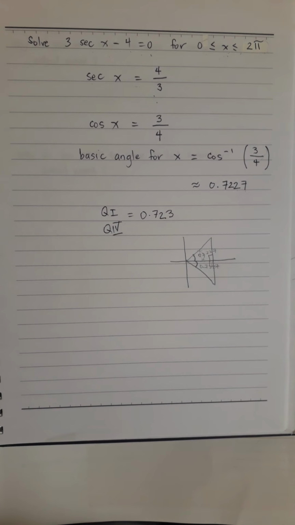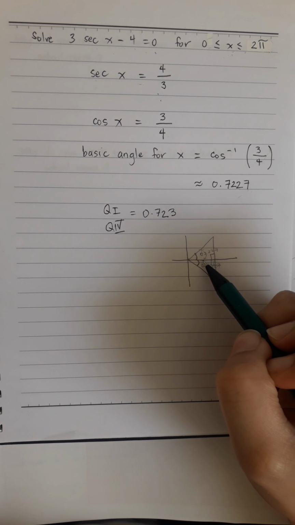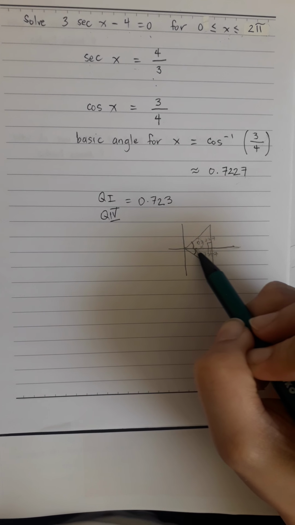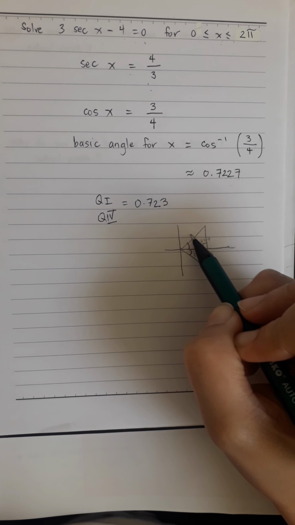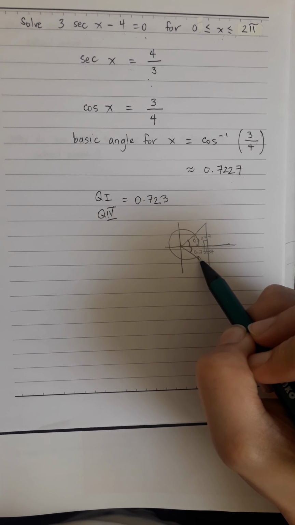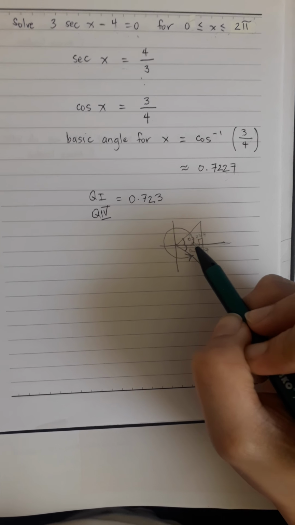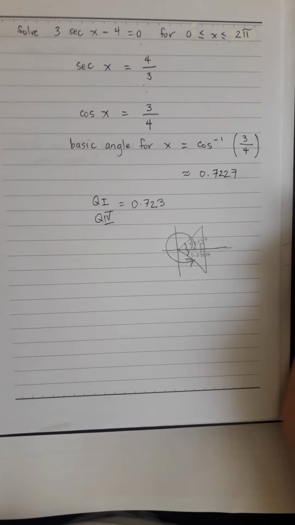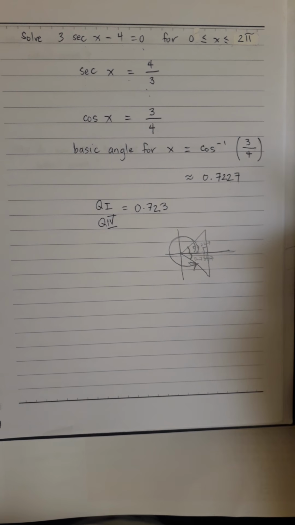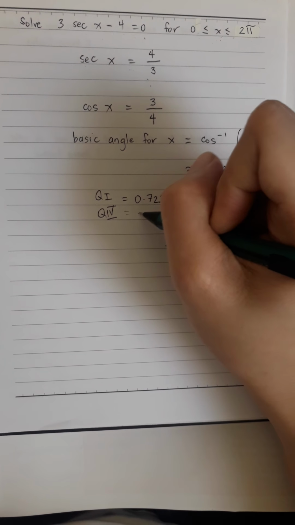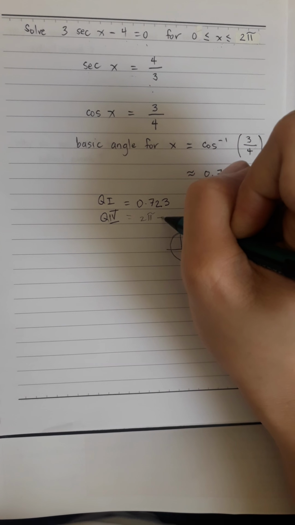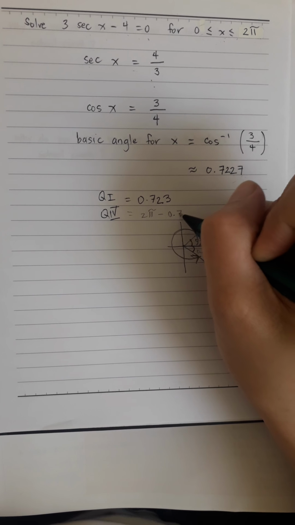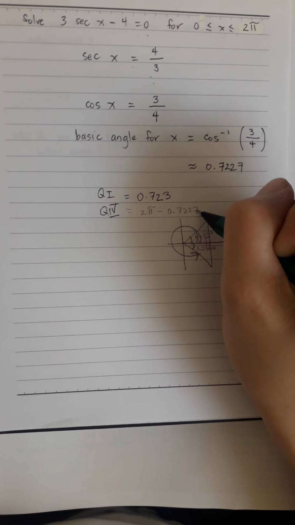The next angle will come from quadrant 4. Again, the positive x-axis is your 0 radian. So that means we take this angle right here. And this angle is 2 pi minus the basic angle, which is 0.7227.